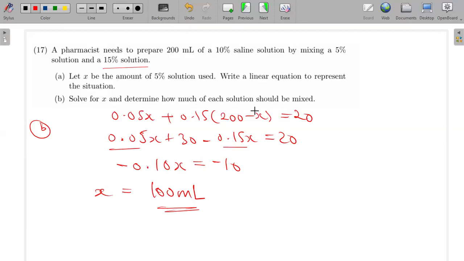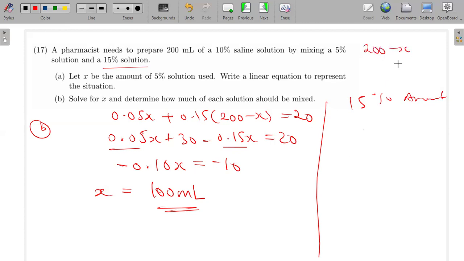Then how much of the other one? We need to find the one for the 15% that was used. The amount for 15%: we had said our total was 200.